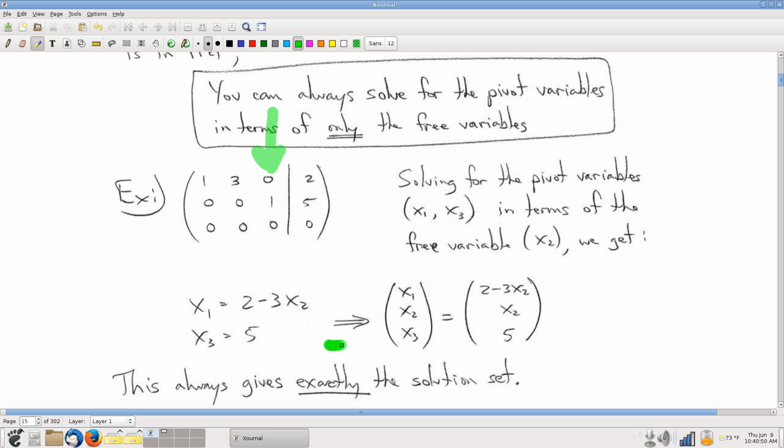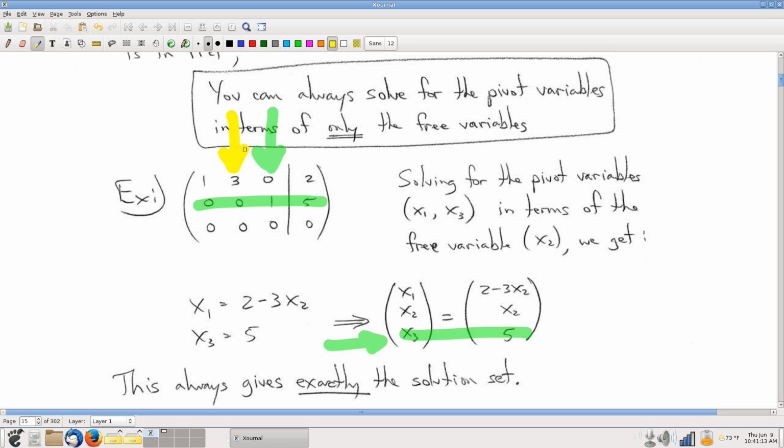So somehow this third column is what's telling me what the third variable has to be. Now, here's how that works. In that third column, there happens to be a pivot. This is what you then might call that corresponding pivot equation. That pivot equation gives you this.